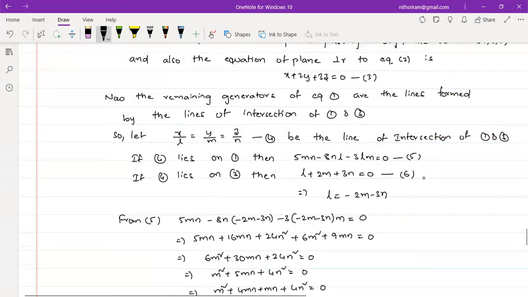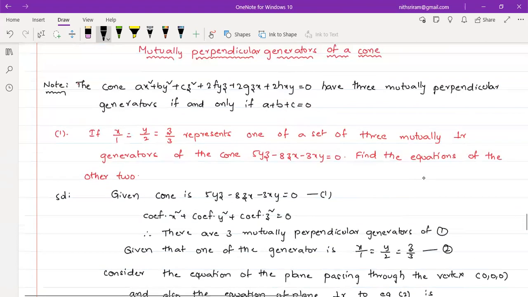Okay, once again, coming to the problem, here we are given one of the three mutually perpendicular generators of a cone. We have to find the other two generators of the cone. For that, first we have to check whether the given cone equation possesses three mutually perpendicular generators or not.